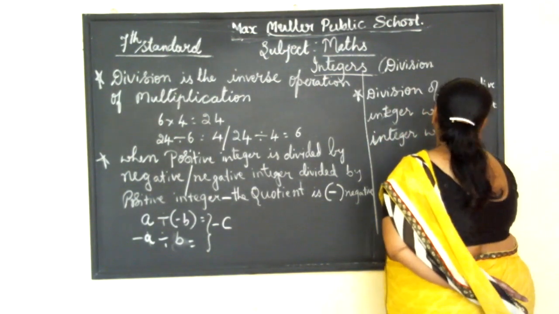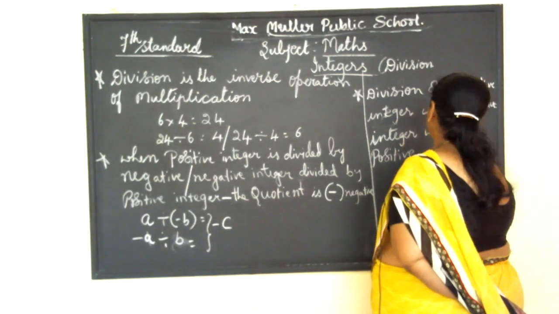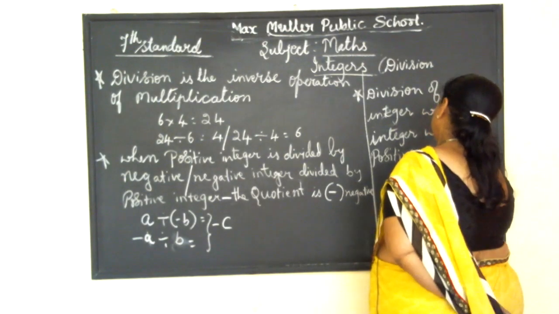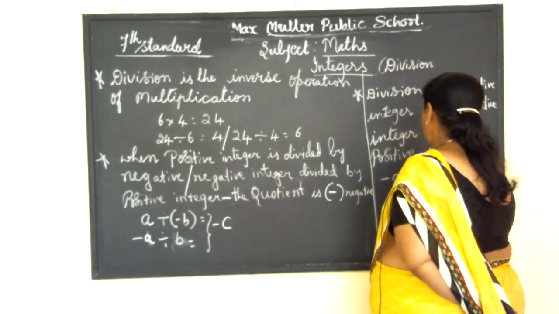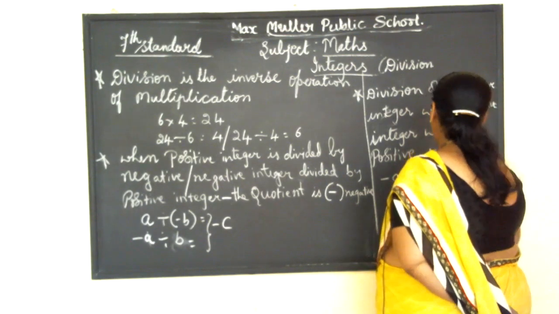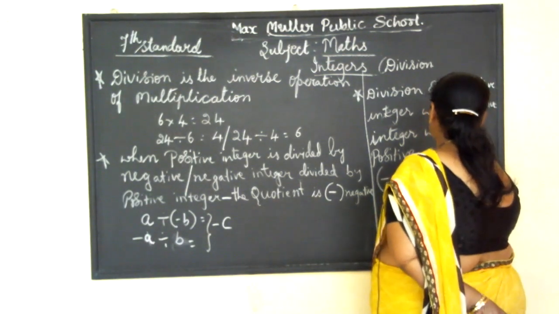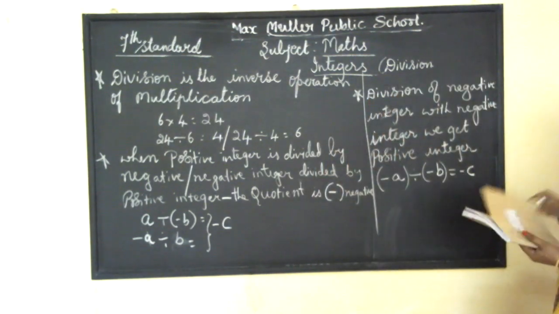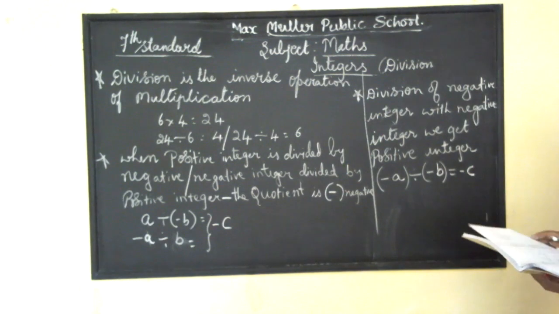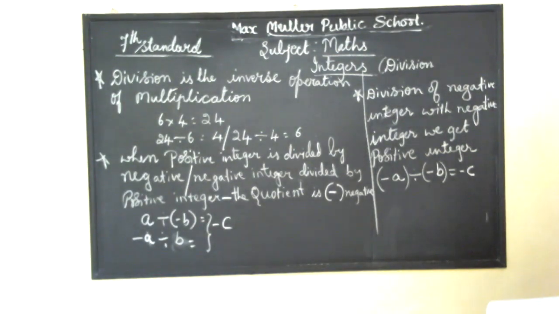That is minus a divided by minus b is equal to c only. Minus a divided by minus b, it is c.